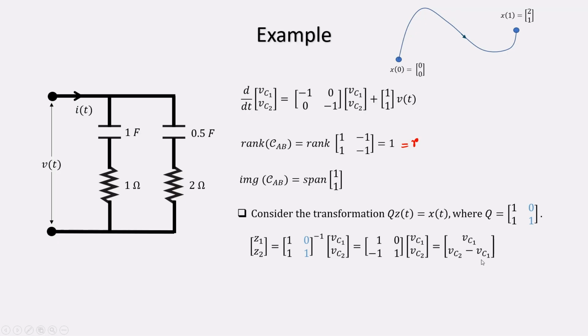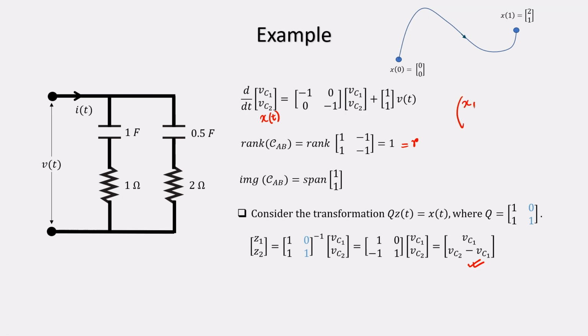Once I have done that, you see what Z1, Z2 is: Z is Q inverse of X. Remember X has a physical meaning here; the state vector X consists of the capacitor voltages of C1 and C2. So, here Z1, Z2 is equal to this, and if I go ahead and multiply, these will be the new state variables that we are getting.